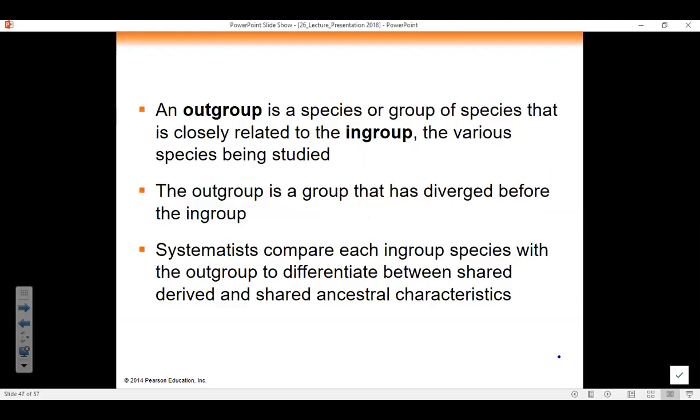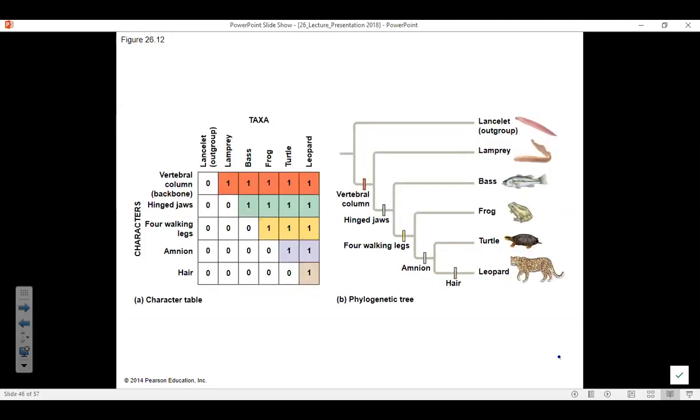Maybe. All right, so the out group is a species that is related to the in group, but it's kind of diverged more than the rest of them. So looking at this picture here, the lancelet is the out group because, poor little lancelet, it didn't get a vertebral column or hinged jaws or 4 walking legs or amniotic sac or hair.